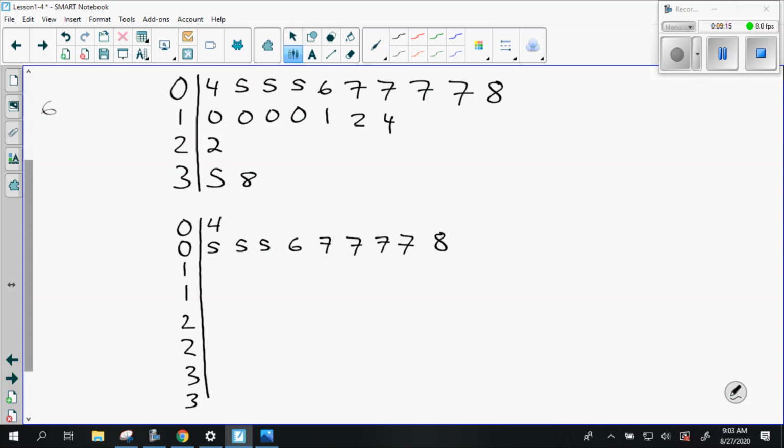Okay, so from the first one in my stem here, there are 4 values from 0 to 4. I'm going to have to skip this one since there isn't anything from 15 to 19 in my data set. There's a 2 here.